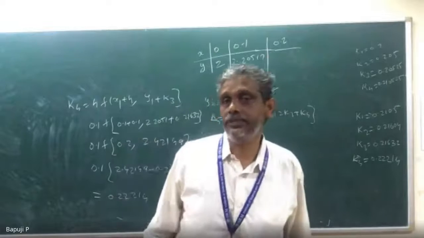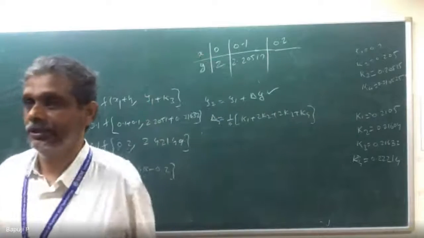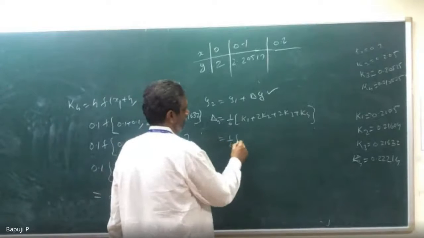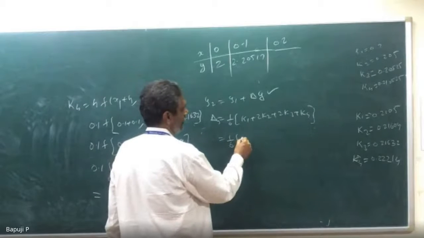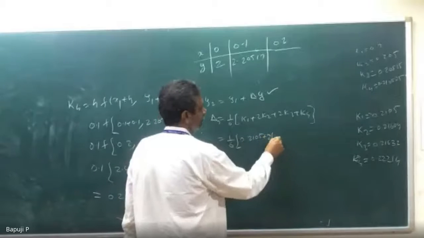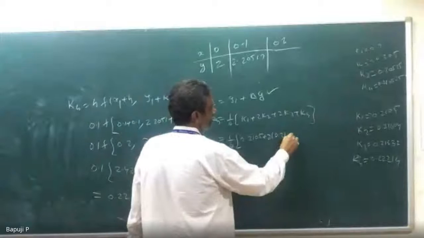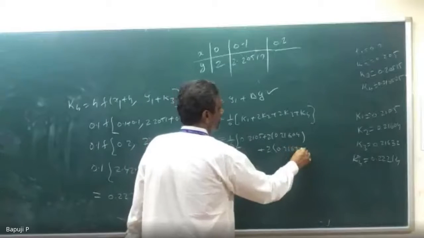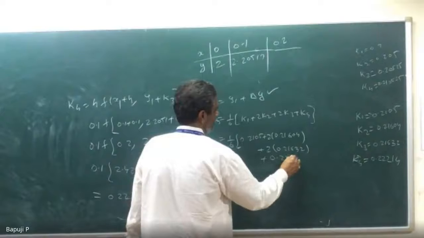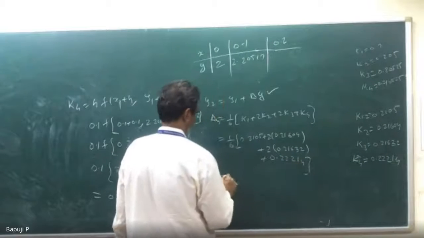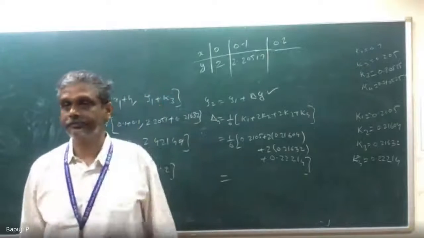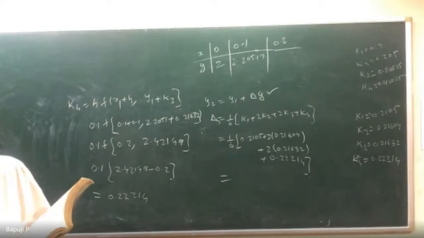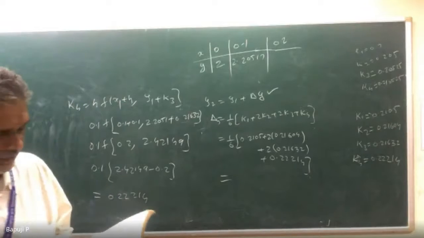So I will divide it by 2, just you can multiply by 2 here. So delta y I got.